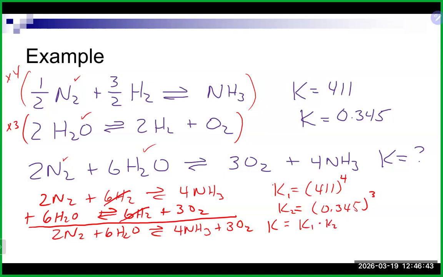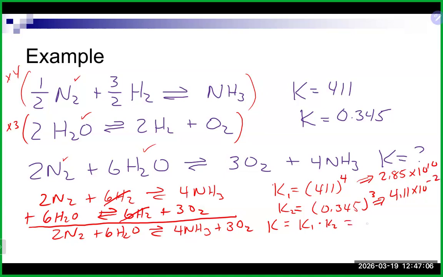So we take 4.11 and we take it to the 4th power. That's going to get you something like 2.85 times 10 to the 10 and 0.345 to the 3rd power. Looks like that will get you something like 4.11 times 10 to the minus 2.